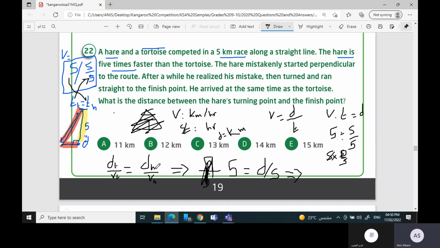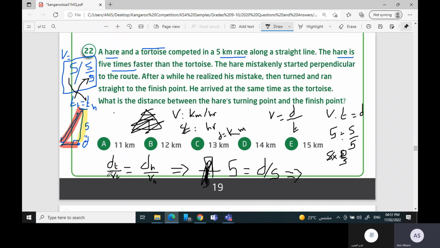wait, I think there's something wrong here. So the distance covered by the tortoise is equal to 5. This distance, we don't know it. The velocity is equal to S over 5.